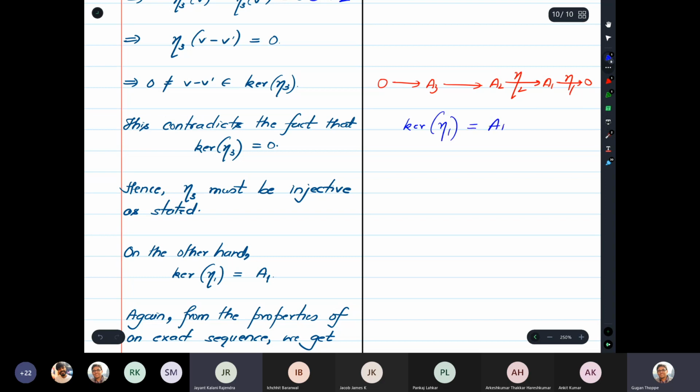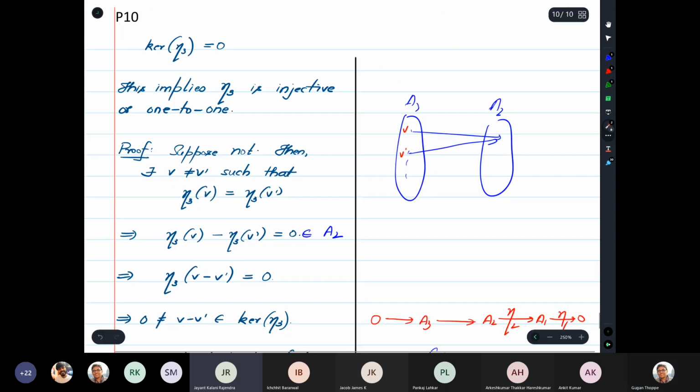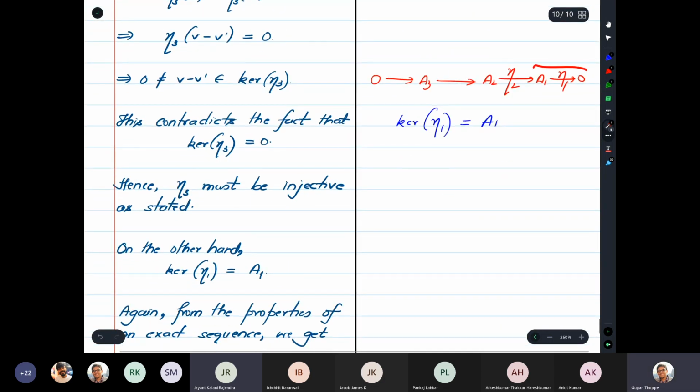The kernel of eta 1 is A1 because every element in A1 gets mapped to 0 under this map. That's what this symbol over here means, that every element in A1 is mapped to 0. Hence the kernel of eta 1 is A1, right?